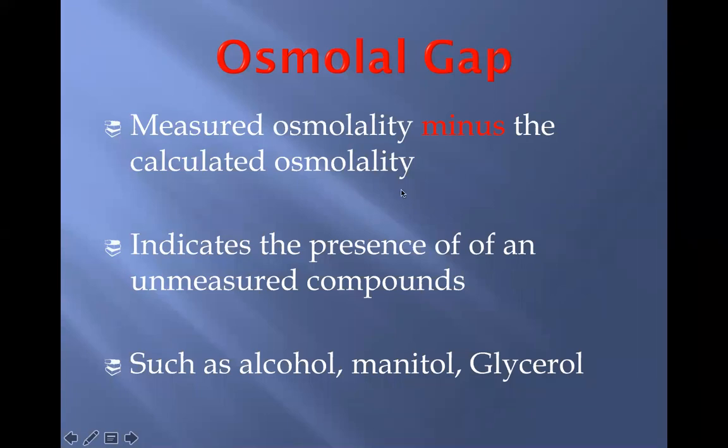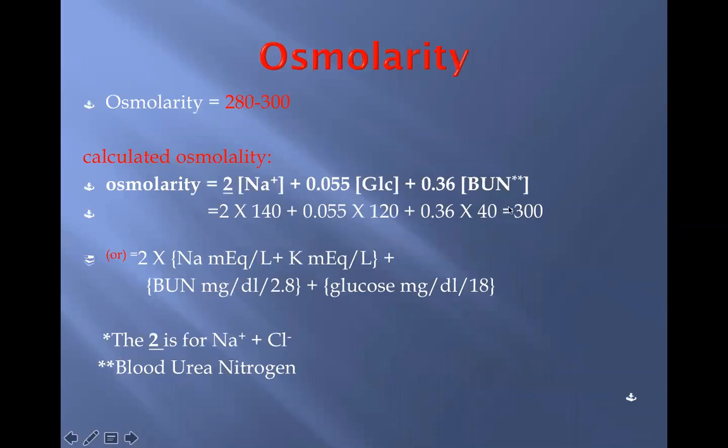The cause of this difference between measured osmolarity and calculated osmolarity is the presence of an unmeasured, or let's say uncalculated, compound. Uncalculated within this equation means a compound other than sodium, glucose, blood urea nitrogen, and chloride.